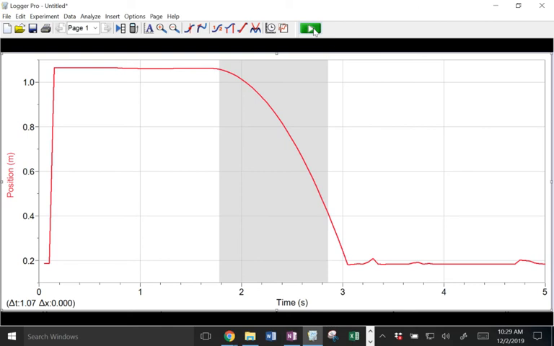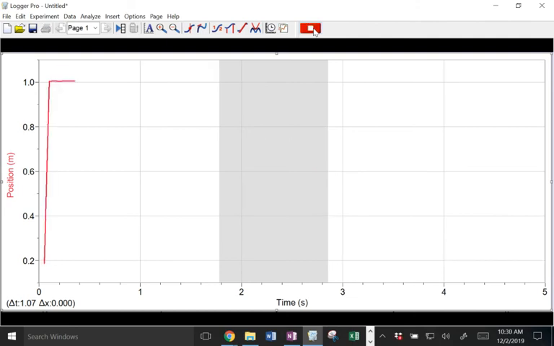So here's my detector. This is where 0 meters is. Here's 1 meter. Here's 2 meters. So can you see how I'm starting out at like 2 meters? I'm going to end up closer to 0.